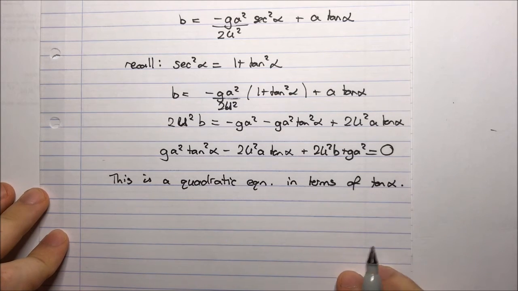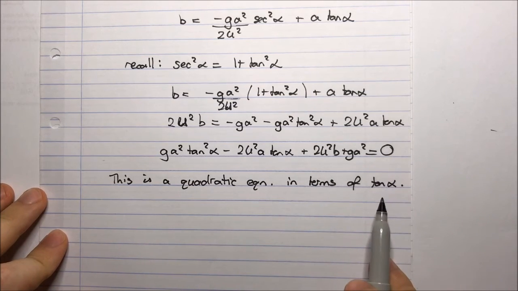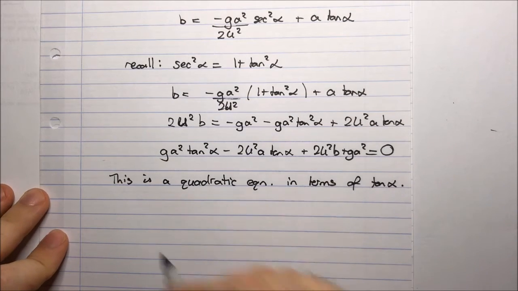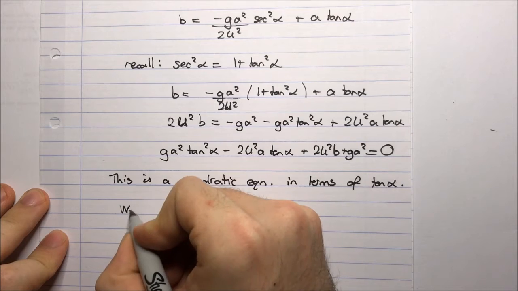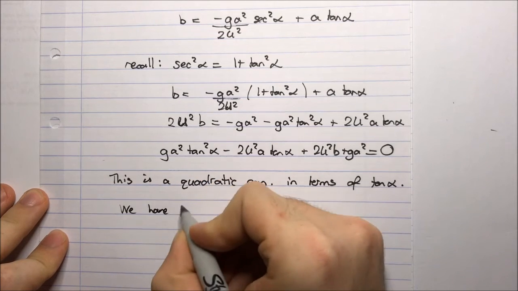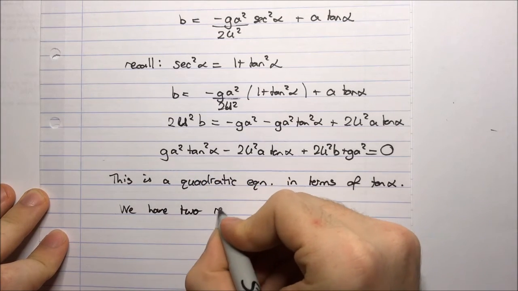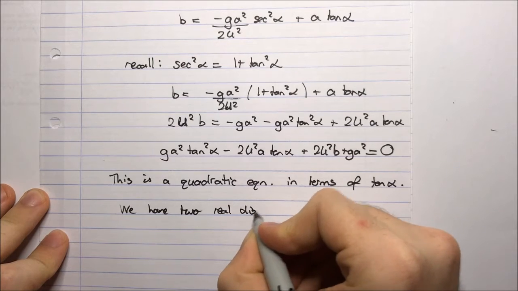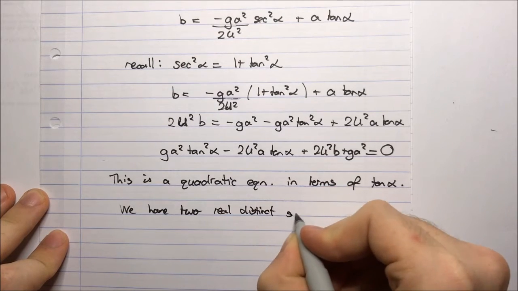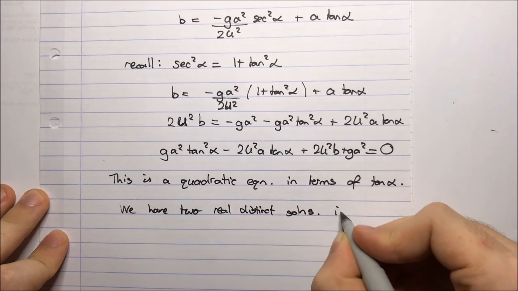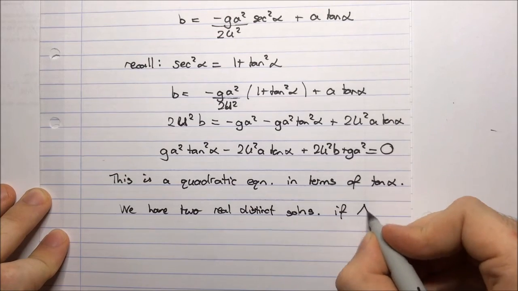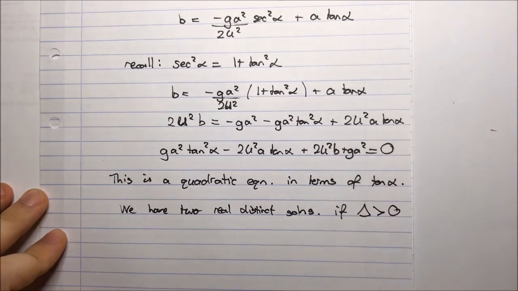But anyway, we obviously want to have real values for our angle. We're not going to have complex values for an angle, so we have two real distinct solutions if the discriminant is greater than 0.